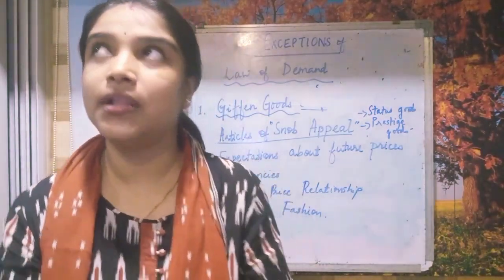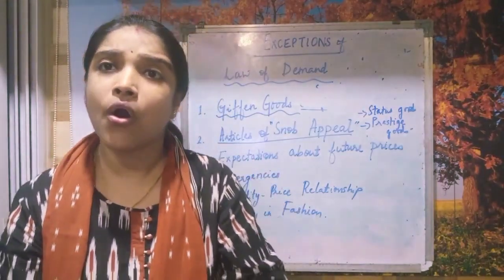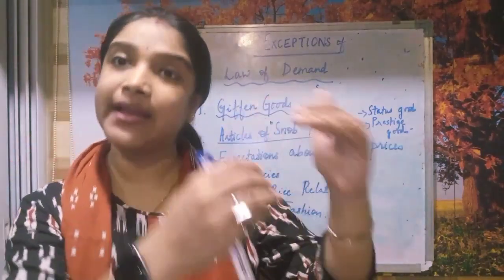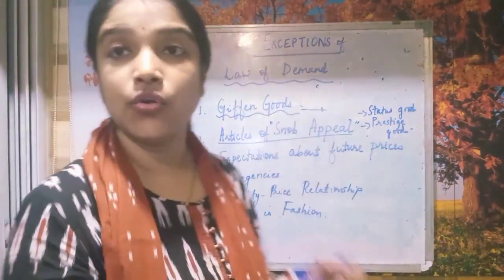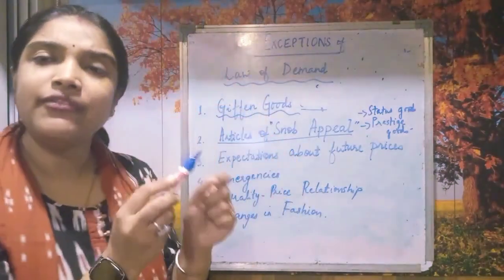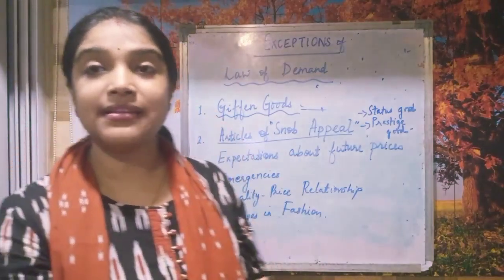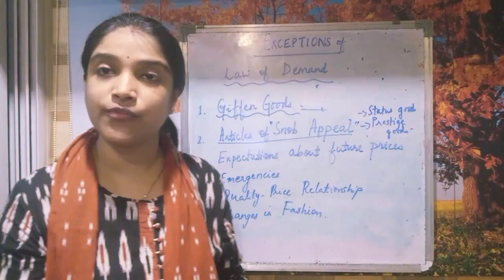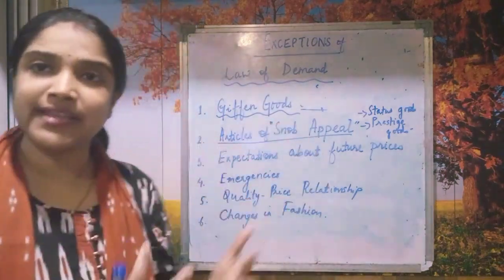Like for example, buying a Rolls Royce car, or buying a Mercedes Benz car, that is a status symbol, it defines your class. So people who buy such goods will never look at the price of the commodity. They will look at the product, basically, that this is a status good for me, it defines my class, it defines my community or section.